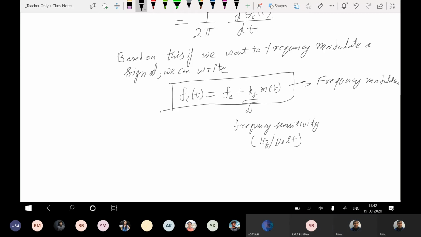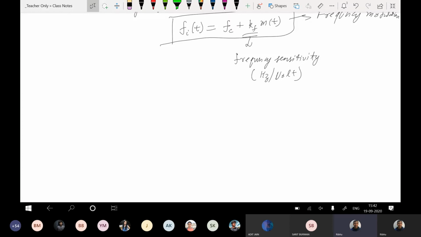And based on the definition, theta_i(t) equals the integral from minus infinity to t of 2 pi f_i(t) dt.